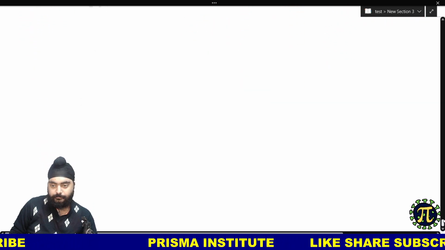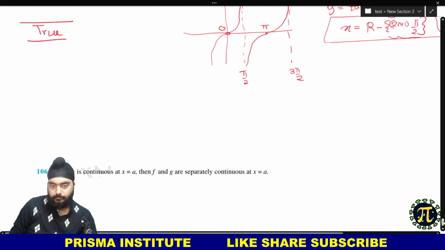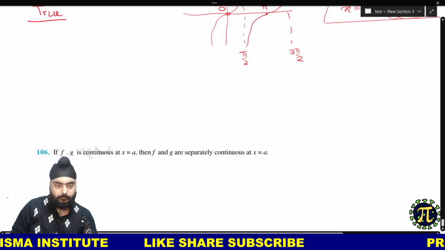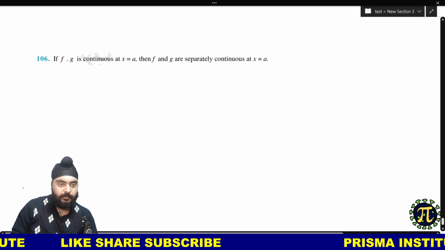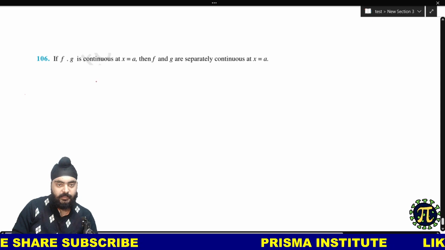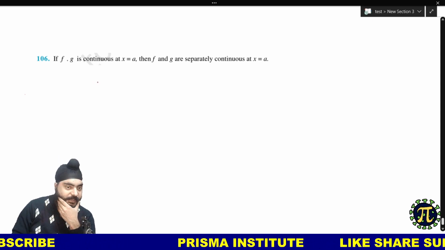So f into gx is continuous at x is equal to a. Then f and g are separately continuous at x is equal to a. So is that statement true?